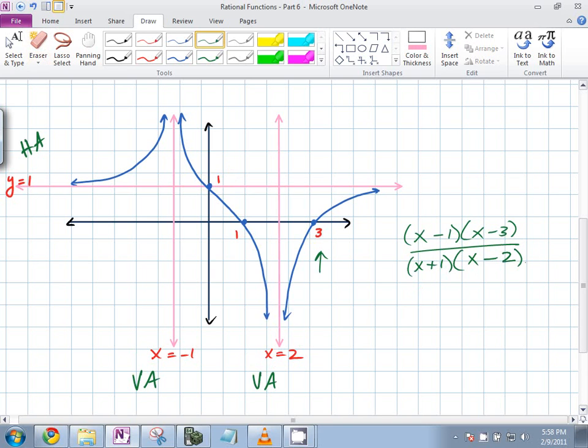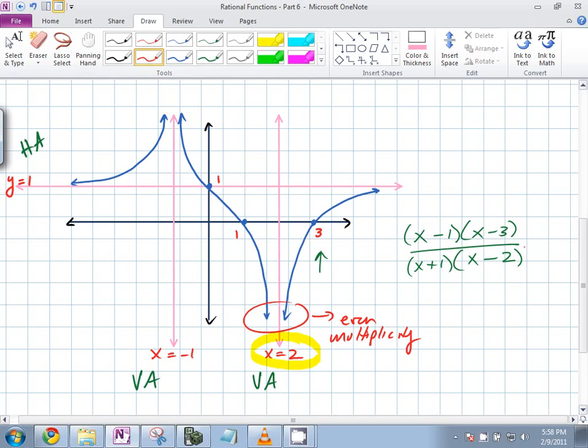The next part we need to look at is the direction the arrows are pointing as they approach the vertical asymptotes. Down here at 2, we notice that they're both going down. That tells us that we have an even multiplicity, meaning the power of the term in the denominator that results in that asymptote must be even.